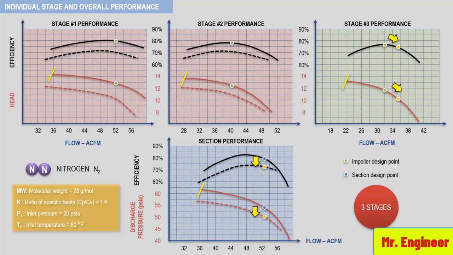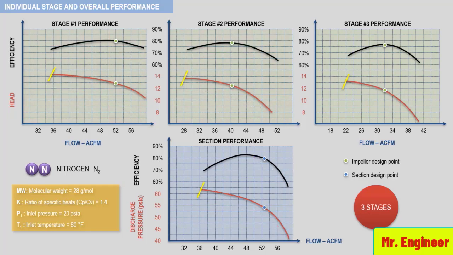Let's now get back to a state of clean impeller condition. And let's observe the effect of changing the molecular weight in the same compressor. In the initial state, the gas processed is nitrogen, with a molecular weight of 28. Let's now assume a gas with a higher molecular weight, let's say 32.